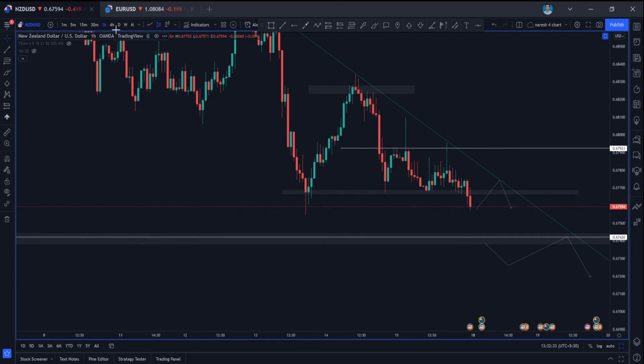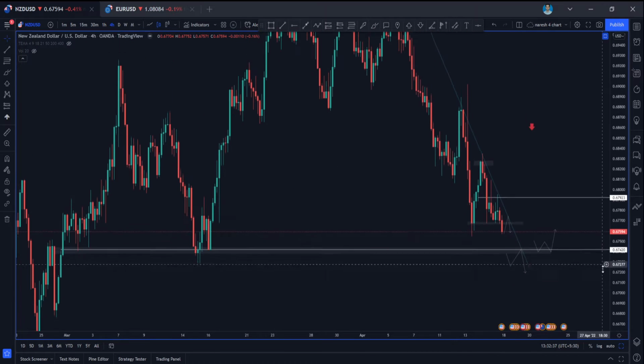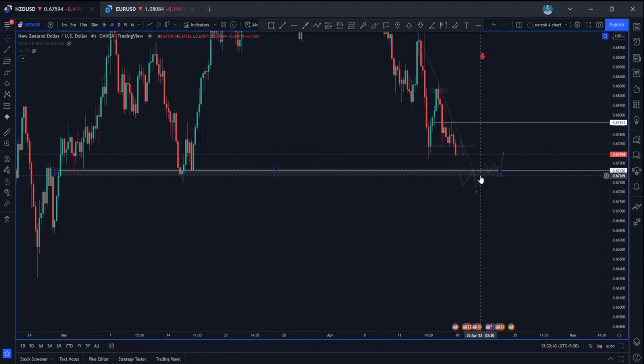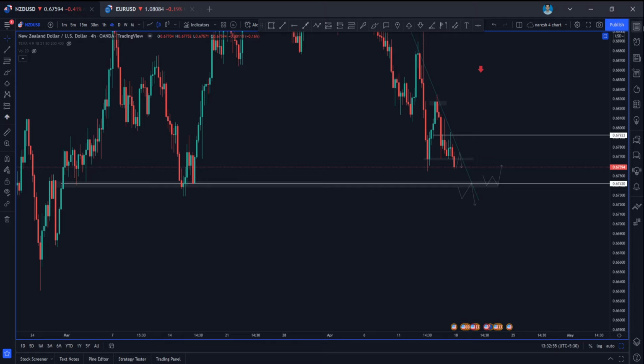Same as AUD, it is approaching an important support area here. If it is holding this area and moving up, you can look for a long entry from here. If it is breaking this low and closing below this important support area, you can go for a short entry after the pullback to this trend line. Okay, so that would be for NZDUSD.